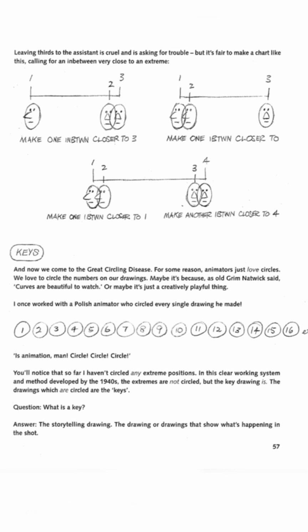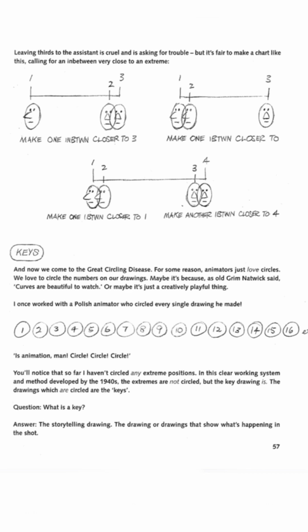But it's fair to make a chart like this, calling for an in-between very close to an extreme. See 1 in the far left at, let's say, 0%. And at the bottom it says make one in-between closer to 3.